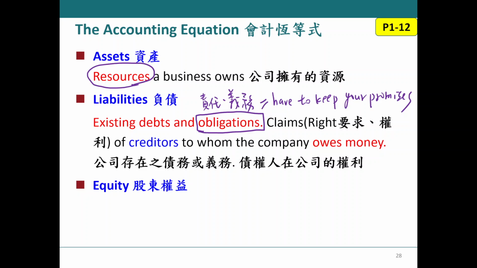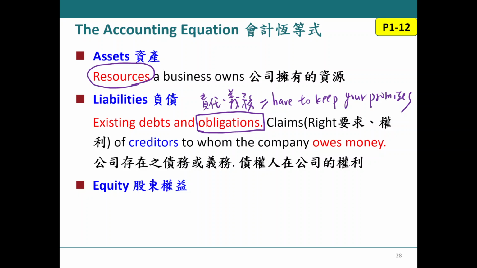Liabilities means you owe creditors money. But don't forget, when you owe them money, you give them your promises, right? So you have the obligations to keep your promises. You have the obligations to pay the money back in the future, no matter what.